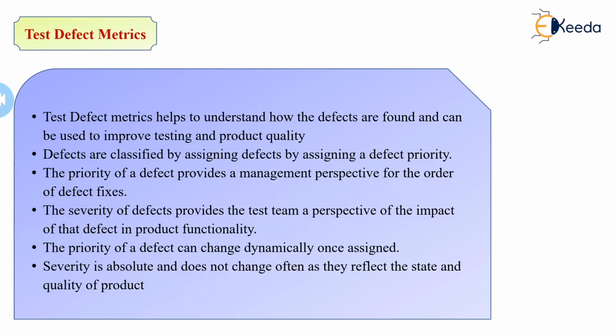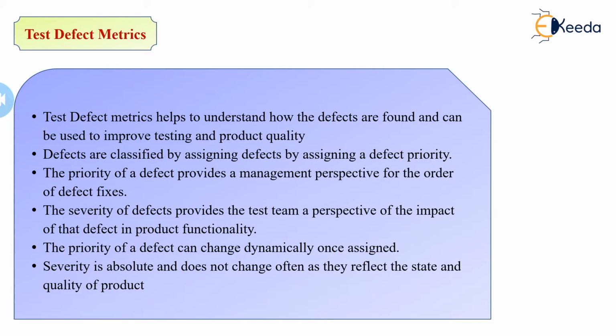Today I discovered a number of defects, and later I will think that these defects should not come up in the next product. Defects are classified by assigning a defect priority, like low, medium, critical, severe. Accordingly they are assigned ranks 0, 1, 2, 3, and if they are high risk, they have to be resolved first. The priority of a defect provides a management perspective for the order of the defect fixes.